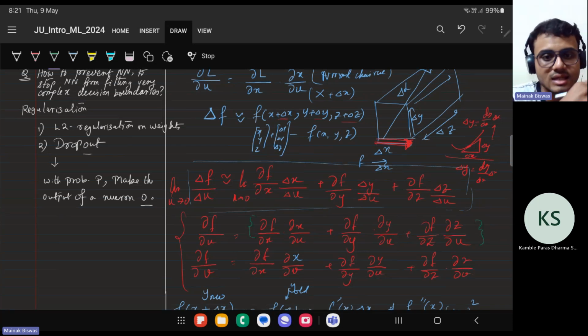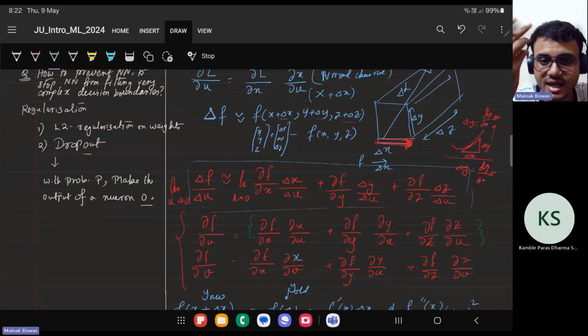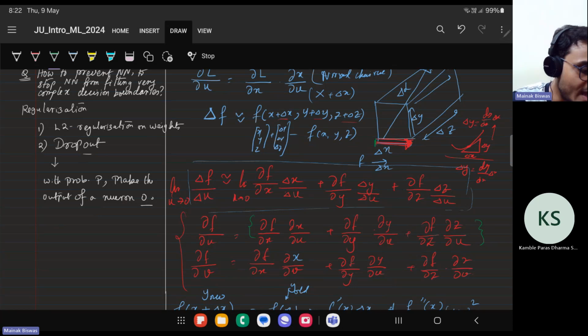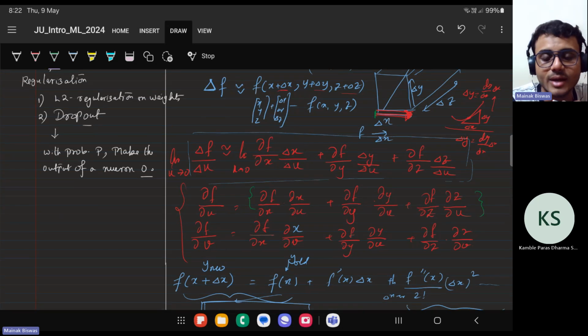If x, y, and z depended on u, and f depended on x, y, and z, then you would have to take the derivative of f with respect to x, x with respect to u, and check the change of x, y, and z for every change in the input variables. So it becomes very complicated, very challenging, if you keep doing this derivative for every input.